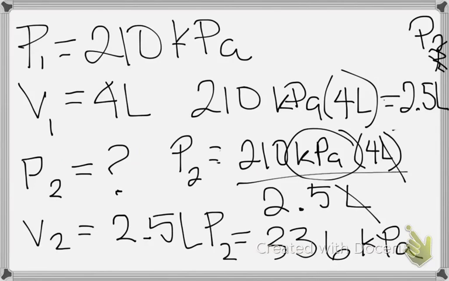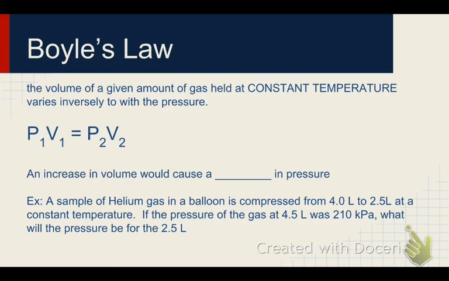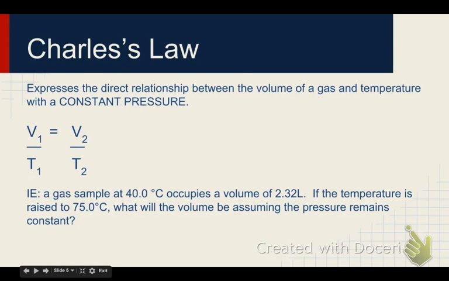Alright, so the last one that we're going to talk about is Charles's law. That expresses the direct relationship between the volume of gas and temperature at a constant pressure. This time my pressure doesn't change. As I go from one condition to another, the pressure stays the same. So that's why we're able to just focus on the volume and the temperature.